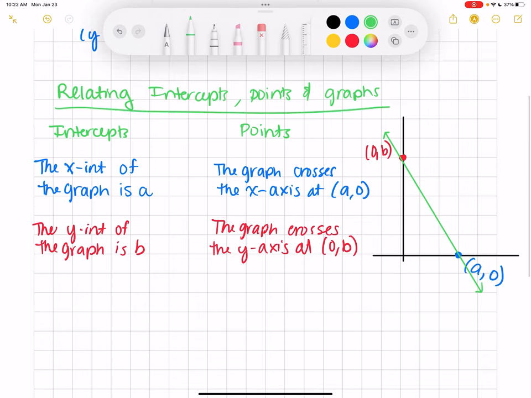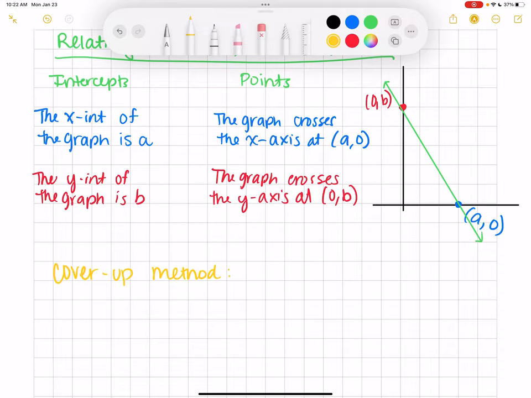I use a cover-up method to solve the problems, where I'll cover up one of the variables and solve for the other one, because that's all we're doing.